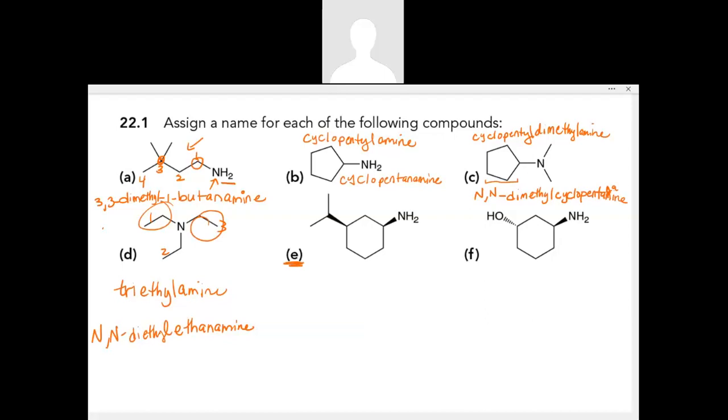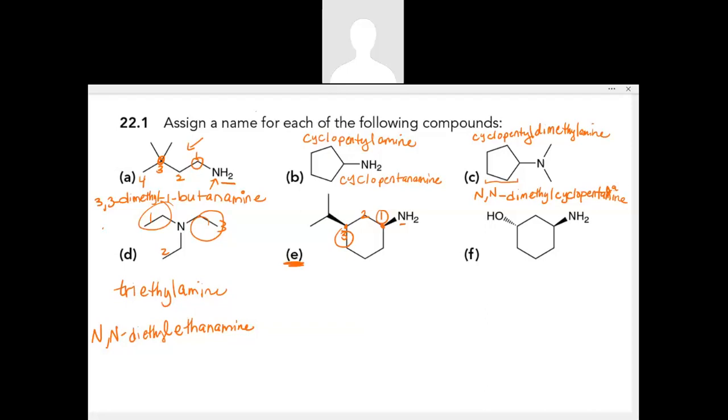All right, now let's take a look at compound E here. We'll do this one last. We have 2 chiral centers that we're going to have to note at the end here. This only technically has 1 substituent, but we'll have to name it as an alkanamine, because this is a very complex substituent. So again, it's only a primary amine, but it's a complex substituent. So we will note this as the carbon 1, 2, and then this will be carbon 3 when we have to designate those chiral centers.